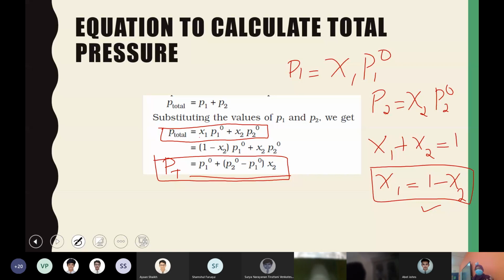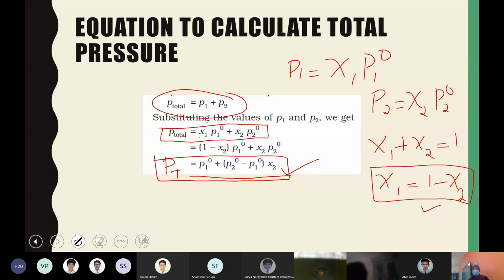So what is the advantage of changing this equation in this way? Usually to find the total pressure, you need to know the mole fraction of both the components. Chi1 and chi2 should be known, right? If it is not known, only one is known, then also you can calculate the total pressure using this modified equation. So this equation is used only when you know the mole fraction of only one of the components.